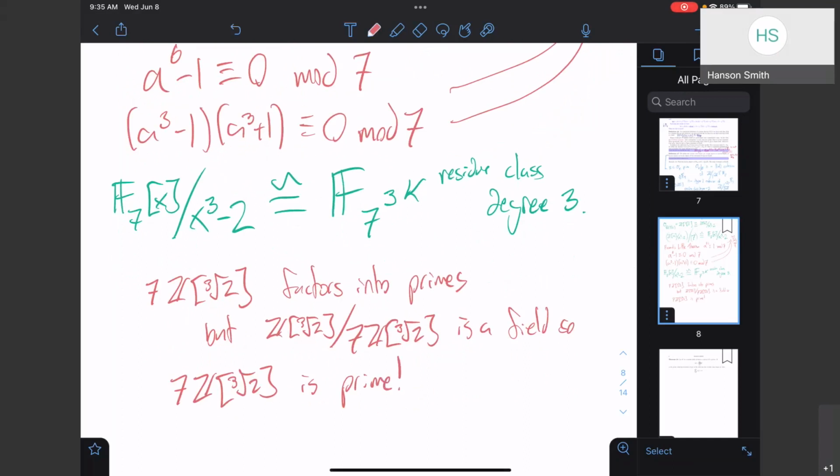And yeah, as Ben mentioned, our word for that is inert. So it took the integral prime 7, raised it upstairs, stayed prime. So we say 7 is inert. All right, cool.